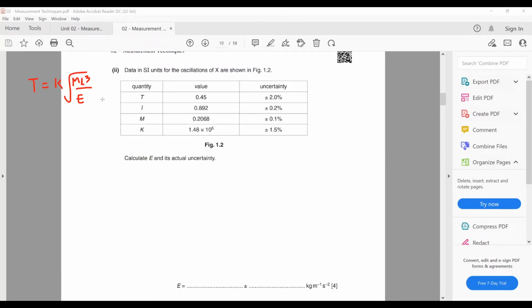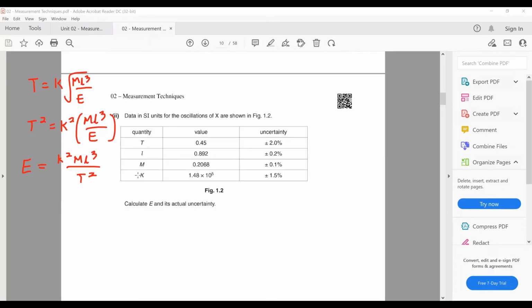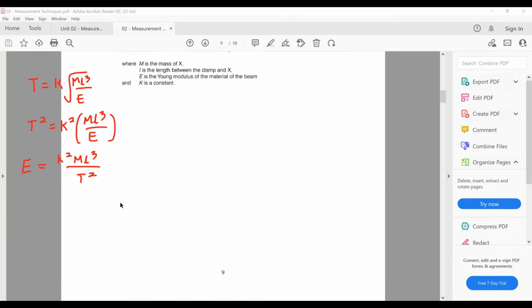Before that you need to square both sides: T squared equals K squared ML cubed over E. So E equals K squared ML cubed over T squared. So far, this is what you have, correct?